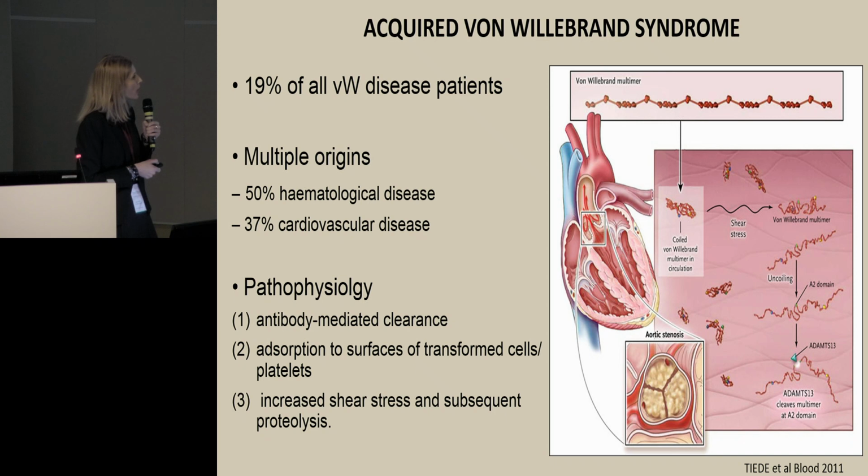For example, if we have very tight aortic stenosis, the von Willebrand multimers, which normally circulate in a coiled form, will uncoil due to high shear stress and expose the ADAMTS13 cleavage sites, and ADAMTS13 will come and destroy this von Willebrand factor in the circulation, cutting it to pieces, and this will no longer be functional to realize hemostasis, and we will see bleeding.